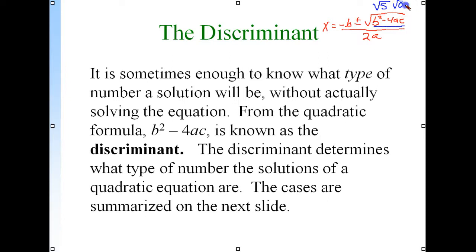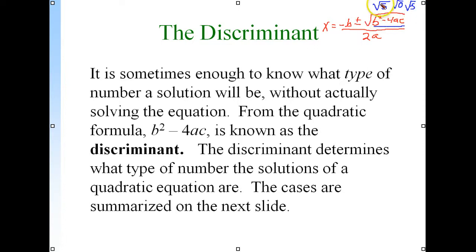Now, how about if your discriminant is a negative number? Then, instead of getting real numbers, they will be imaginary and, in a sense, complex numbers. So your discriminant determines all of this.